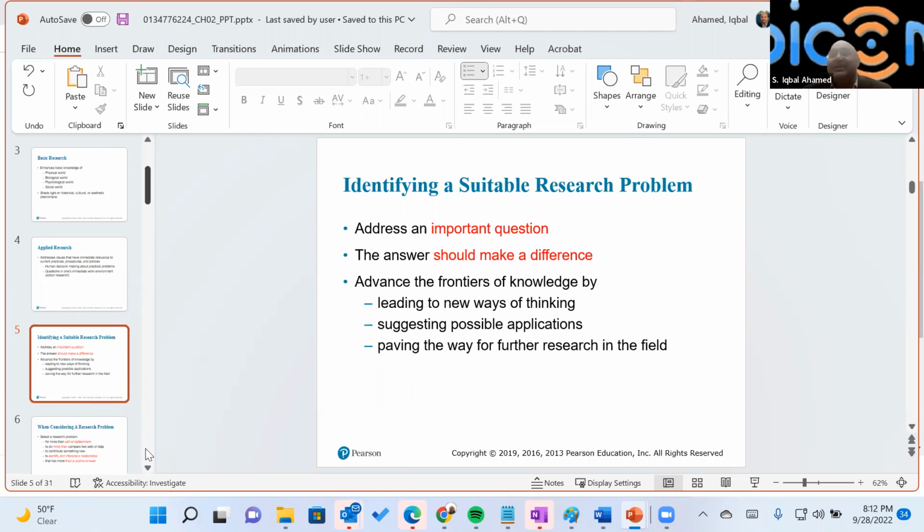She already found that because she works in that area. So I'm just giving that example. Even in your own area, you can find something, but you have to make sure that you know the literature, what has been done, and that you are advancing that knowledge. So finding a suitable problem will enhance the research.